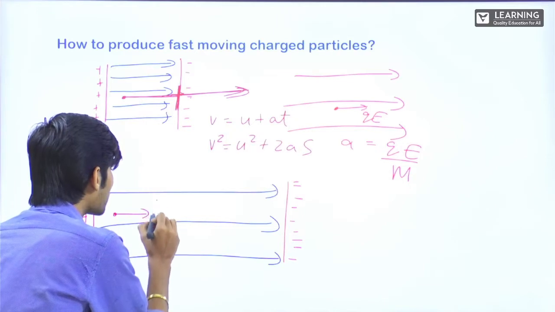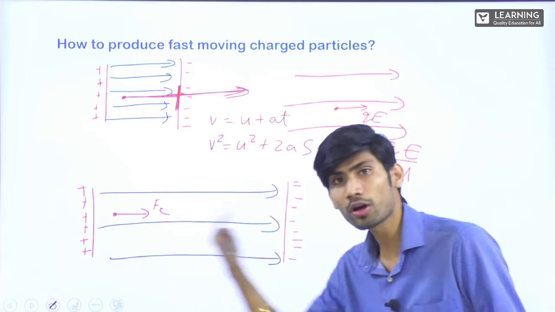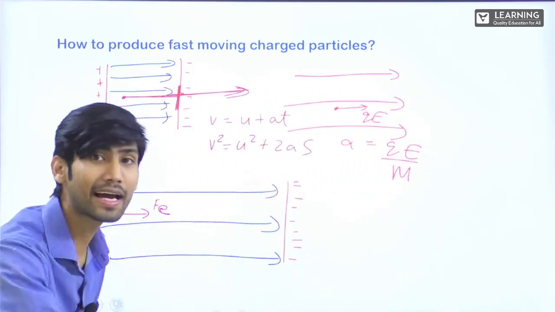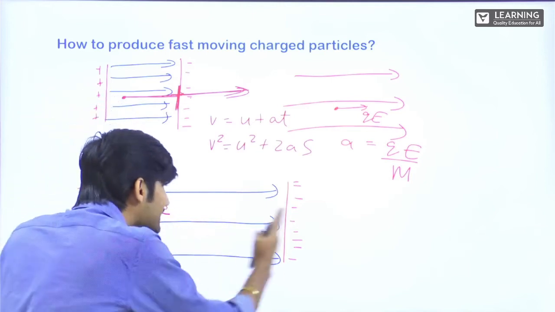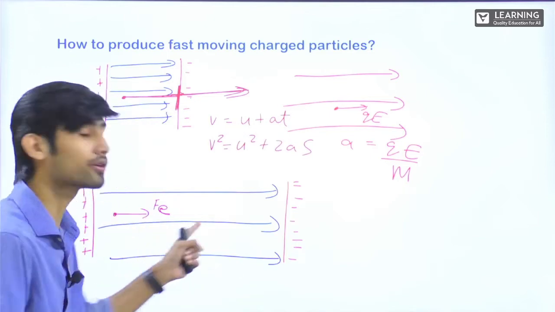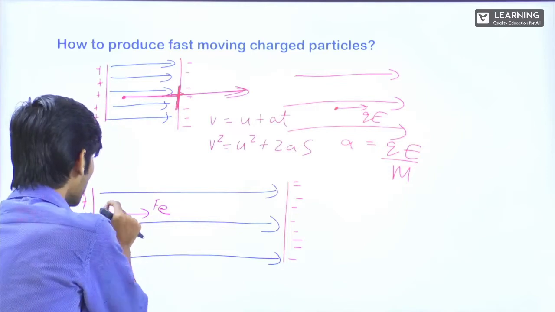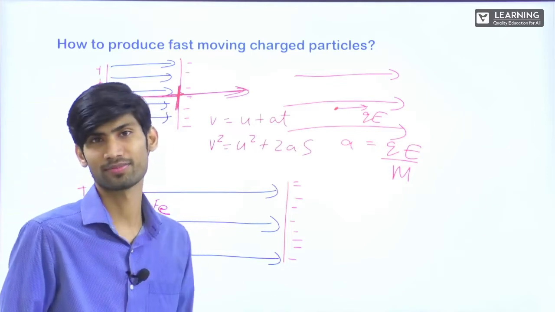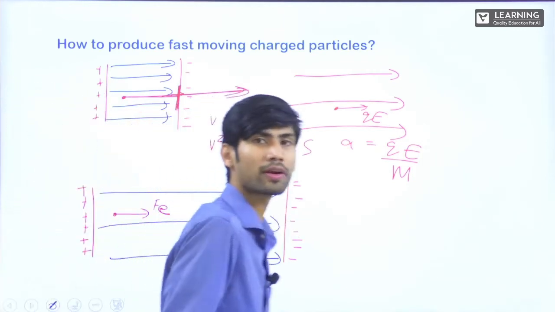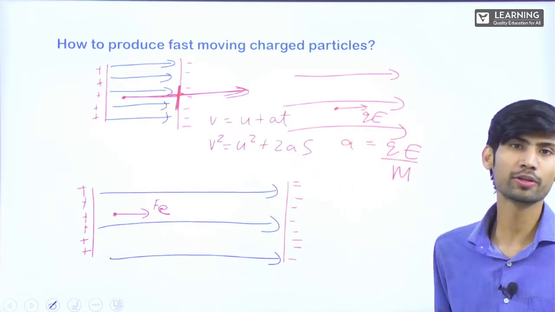The force which is experienced by this particular charge will be there for long duration, but it will not be able to gain a very high velocity because now since the distance between the plates has increased, the electric field has reduced. Due to which the electric force has reduced, due to which the acceleration which was put on this particular charge has decreased. There is a challenge. We cannot increase this particular length. We cannot increase the separation between the plates. The electric field will reduce.